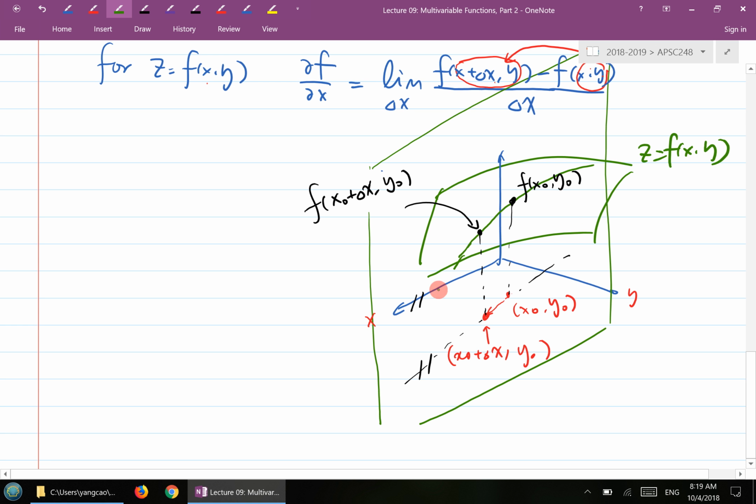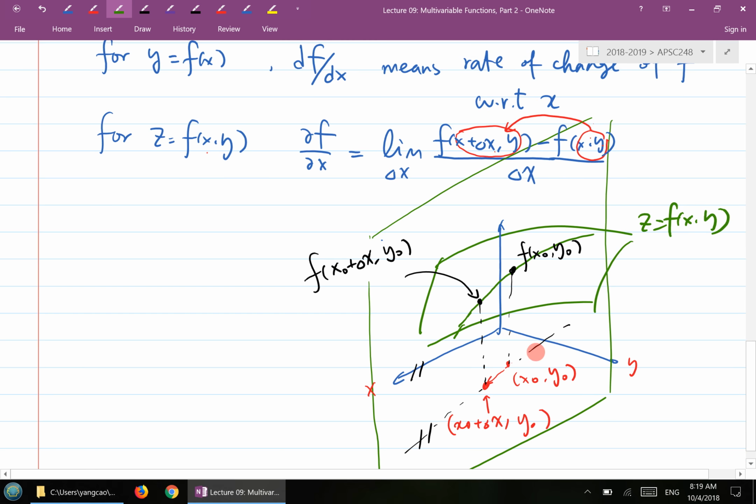It's the same idea. So if you're moving along this line, you get a green curve here, and that green curve of course passes through f of x naught, y naught and f of x naught plus delta x, y naught.